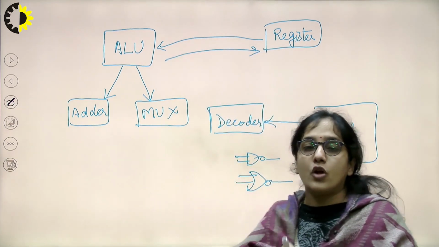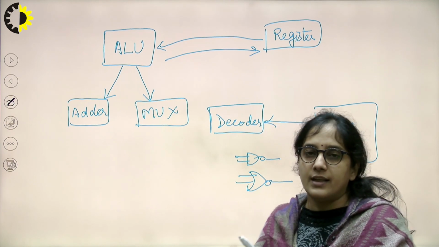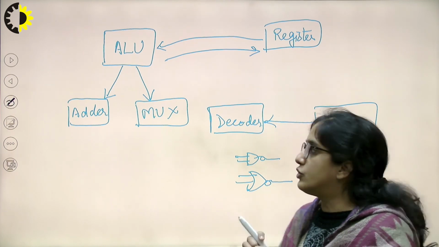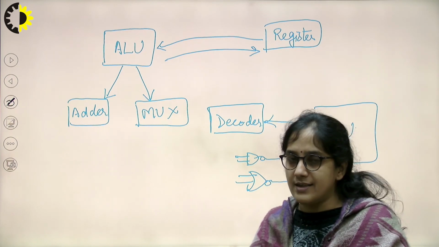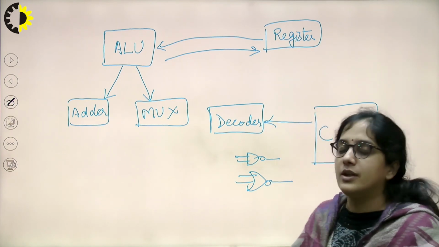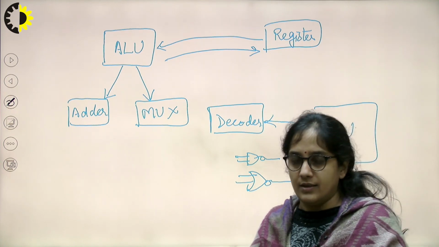All these circuitries are designed using these gates. So, remember the function of all the gates, and next we are going to discuss the microprocessor operation in detail. Thank you.